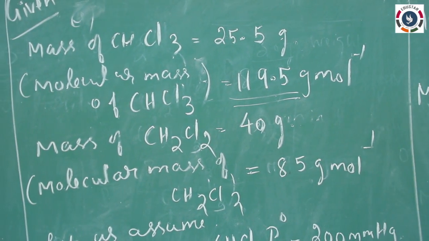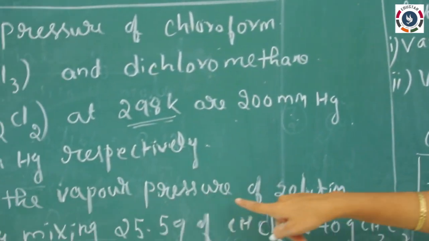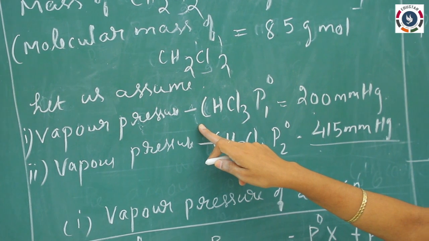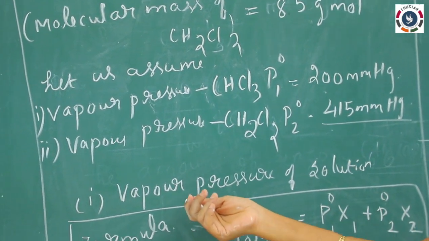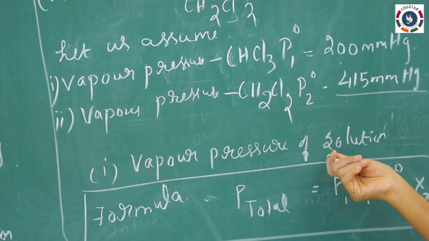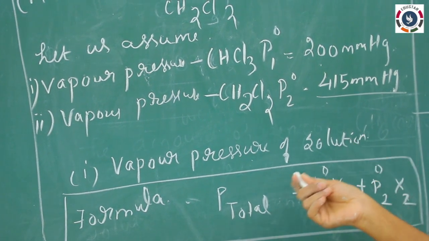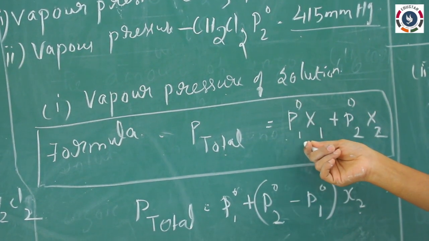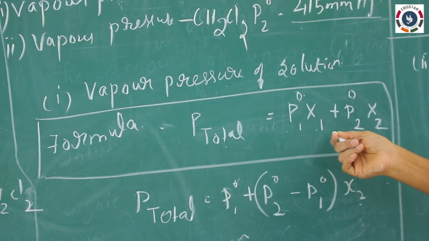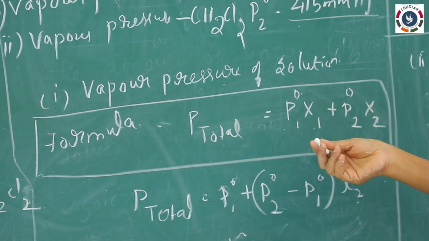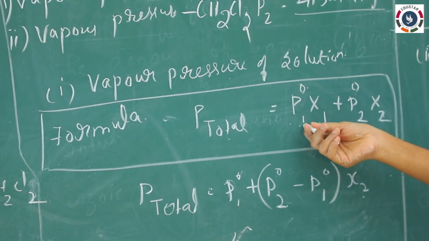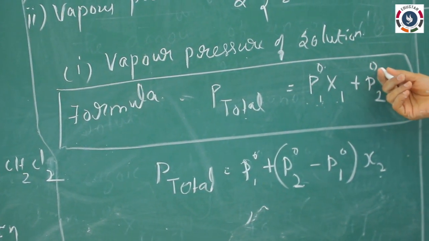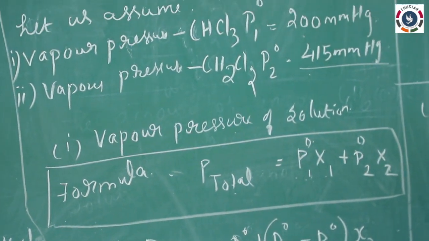Now they have asked to find out the vapor pressure of the solution. What is the vapor pressure of the solution? This is the formula for the first thing: P total equals P1 naught x1 plus P2 naught x2. What are they? P1 naught is the vapor pressure of pure solvent chloroform, P2 naught is the vapor pressure of the pure solvent CH2Cl2.